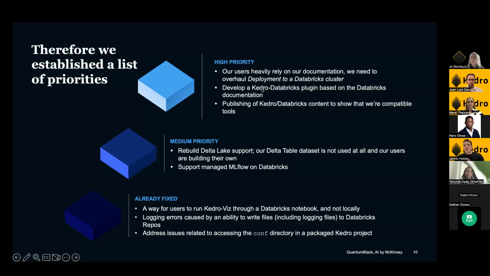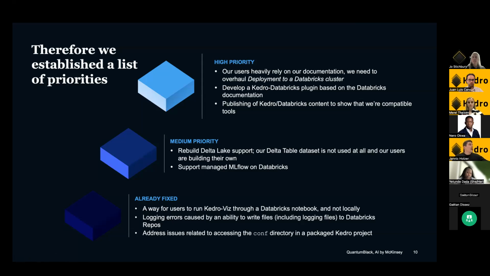So starting with the high priority features, it's true that our users rely on our documentation a lot, and at the moment our documentation is somewhat out of date for one, and doesn't cover these really powerful tools and features that Databricks has since released that really improve developers' lives on Databricks.